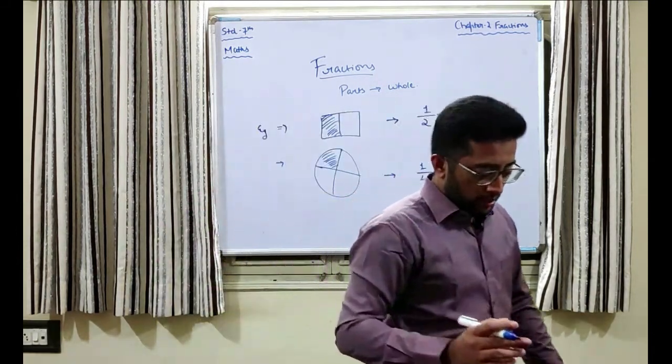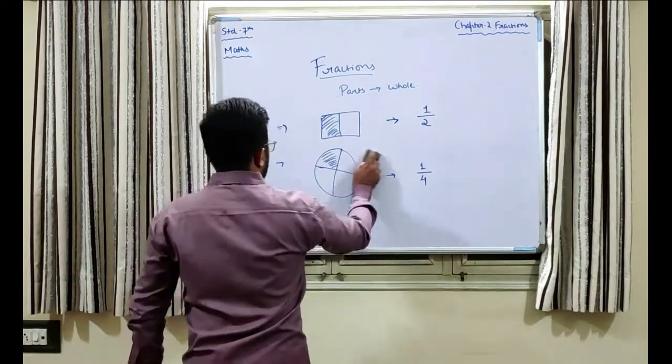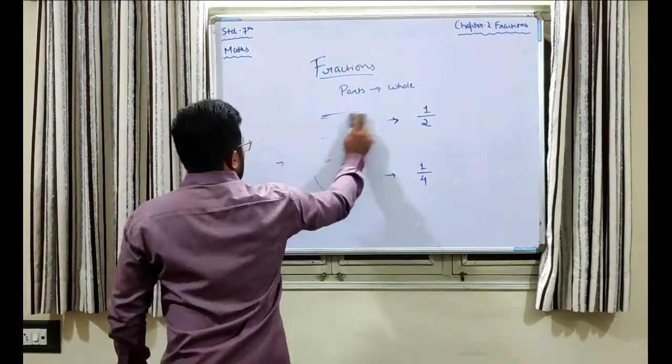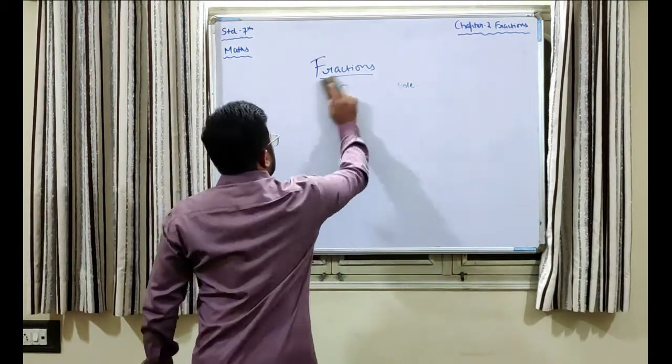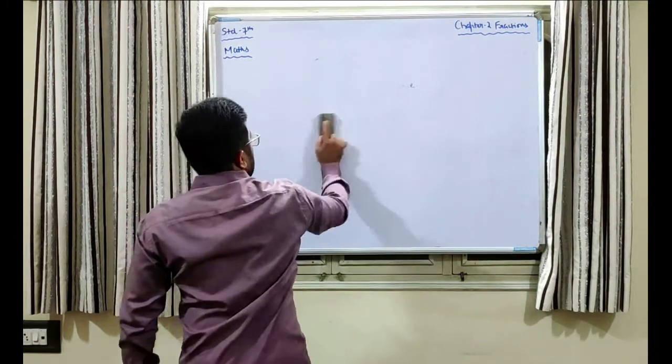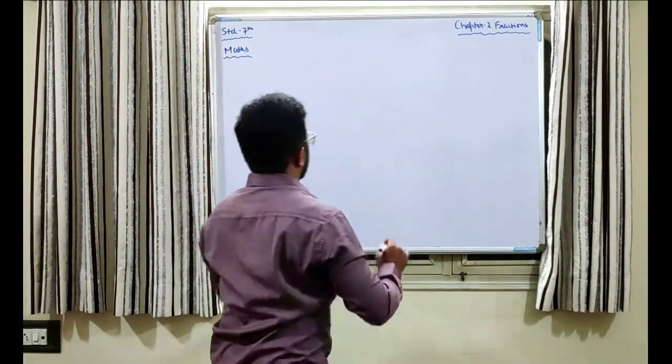Okay, so you guys are quite acquainted with the term fractions because it has also come in your previous standard. Now let us try to recapitulate certain terms or certain types of fractions.